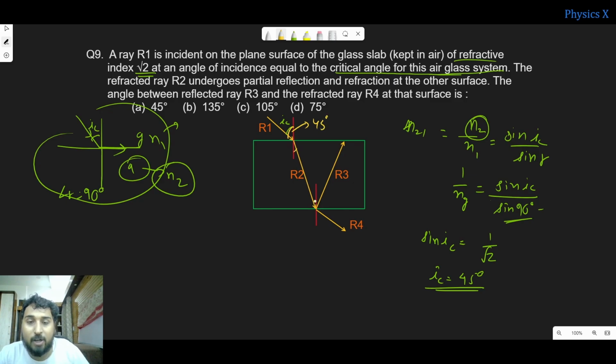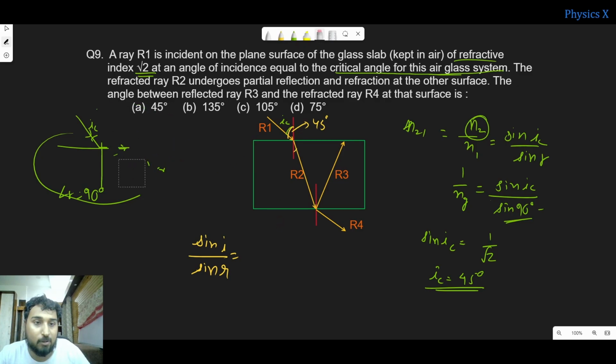So now sin I by sin R, in this case, now we know the value of angle I. This was for the calculation of the critical angle. Now where is the light traveling? The light is traveling from air to glass.